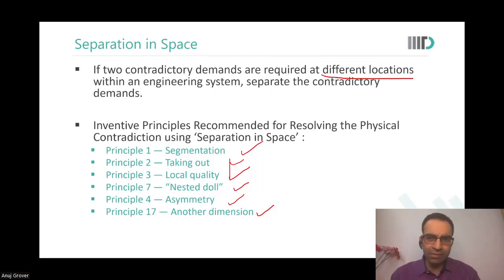So I would again strongly recommend that please open it. Otherwise, next week we have the final or the midterm presentation. How will you handle that? You will have to show something there. Please do that. So these are the principles which are used to solve the contradiction by using separation in space.